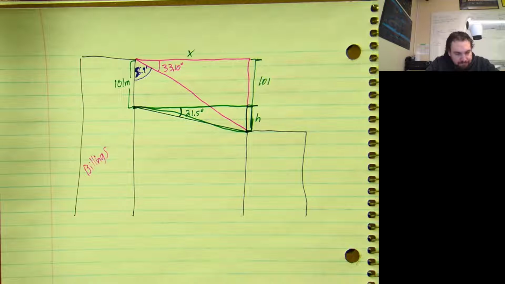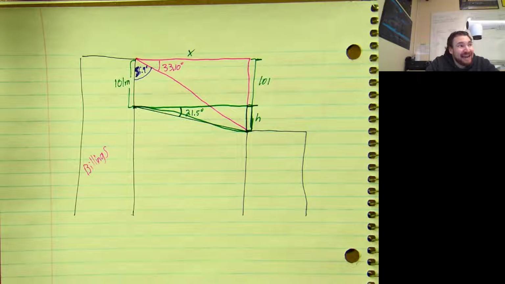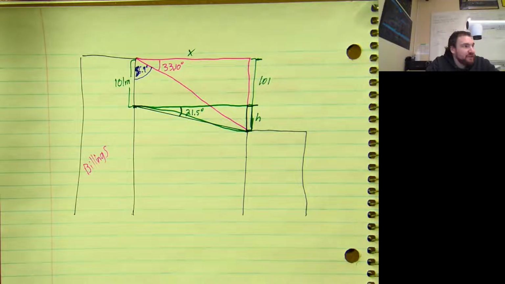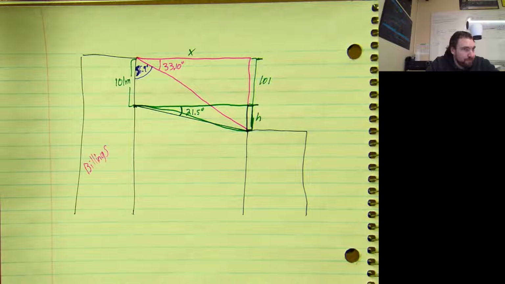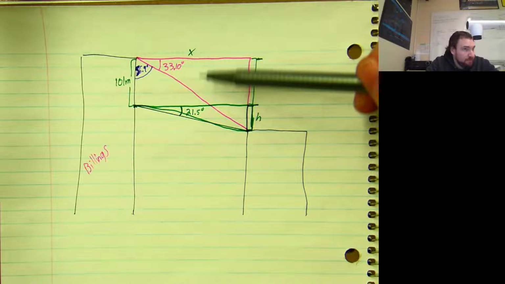From the angles that I have been given, what sides are we dealing with? Opposite, adjacent, or hypotenuse? What combination of sides are we dealing with here? Adjacent. So that's this distance here and this distance here, which are the same. It's going to maybe be important later.